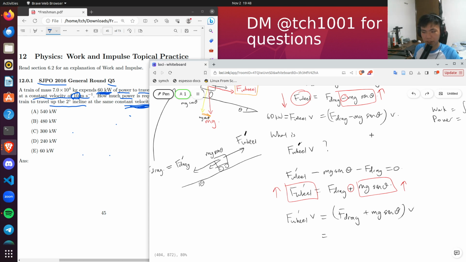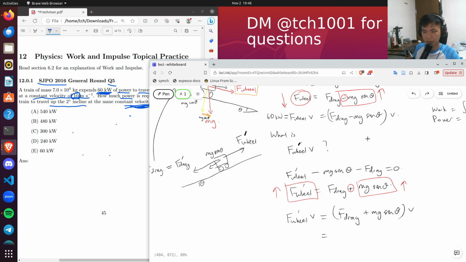But we actually do not need to know F drag, because we only need to know F drag times V, and we can calculate F drag times V by looking at this expression. We know mg sine theta, we know V, and we know the left hand side is F wheel.